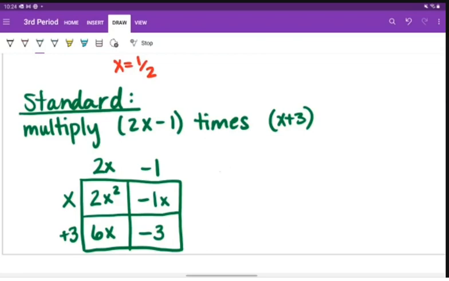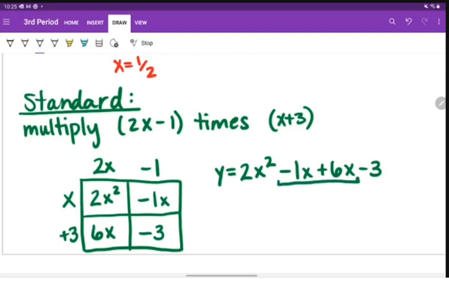Once you've got all your boxes filled in, you can convert this into a quadratic equation in standard form. So we'll just write our 4 terms: 2x squared minus 1x plus 6x minus 3. Our 2 middle terms are like terms. Get used to that.